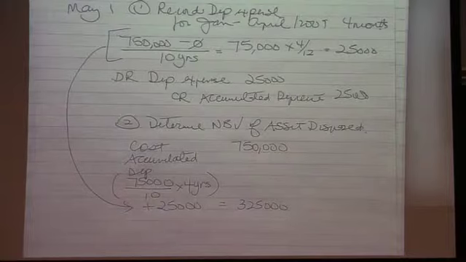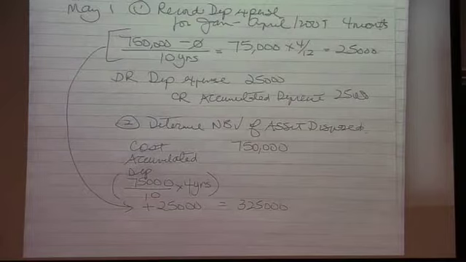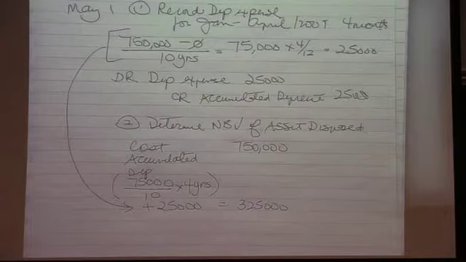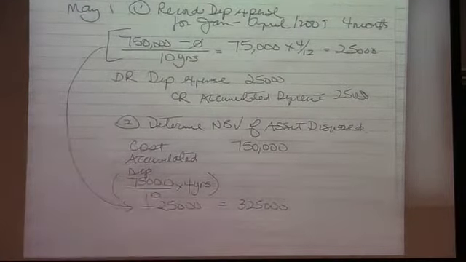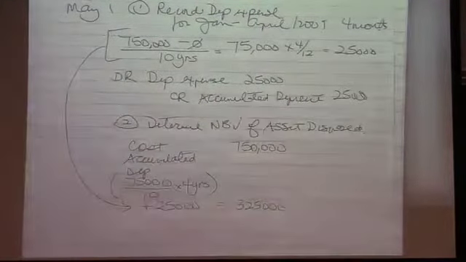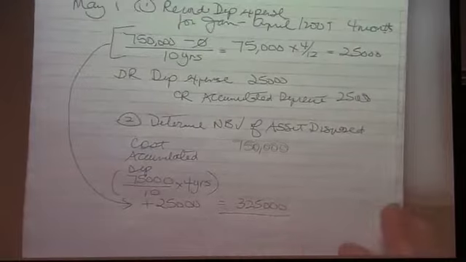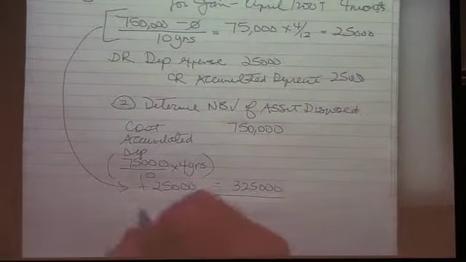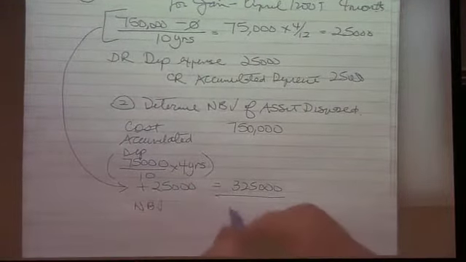The question says we bought it on January 1st, 2005. So 2005 is 1 year, 2006 is the second year, 2007 is the third year, and 2008 is the fourth year. So there's 4 years. Because this was on May 1st, 2009, we've already recorded $25,000. That's the accumulated depreciation. So the net book value is $425,000.